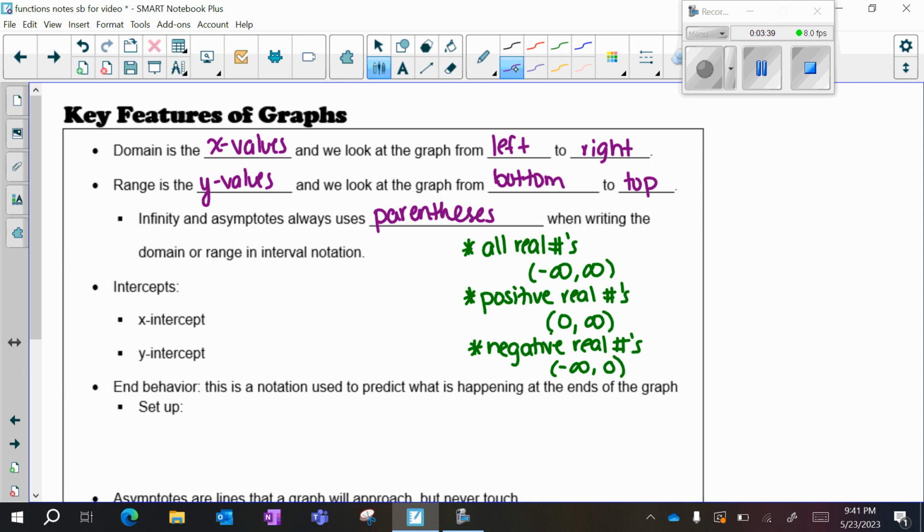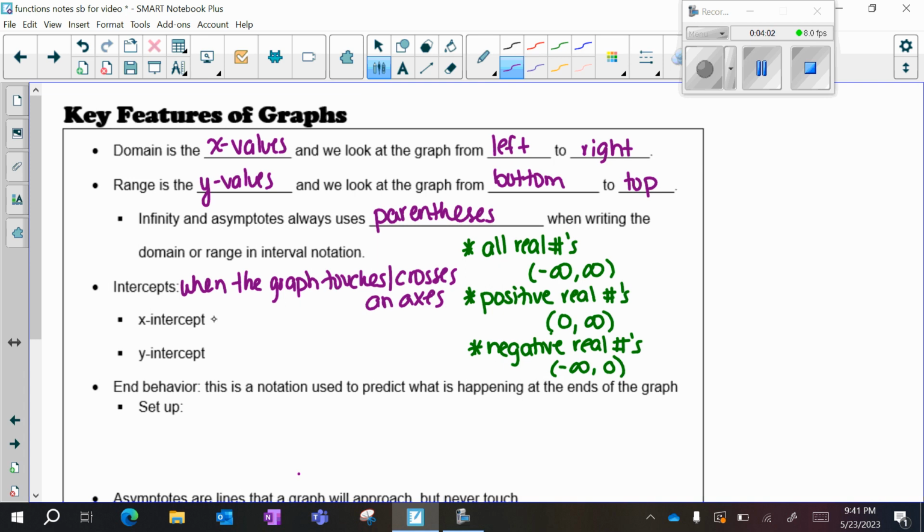All right, so intercepts, it's when it touches or crosses an axis. But remember that sometimes they give us an equation, sometimes they give us a table, sometimes they give us a graph.